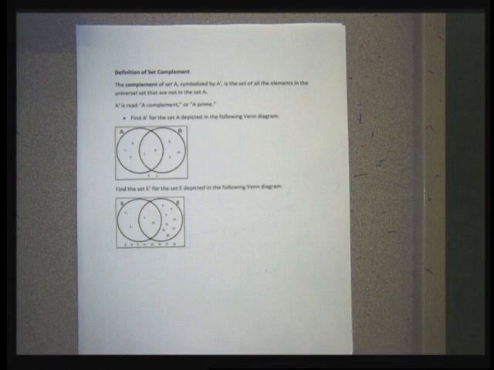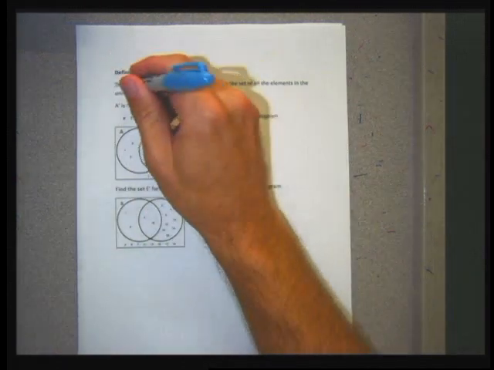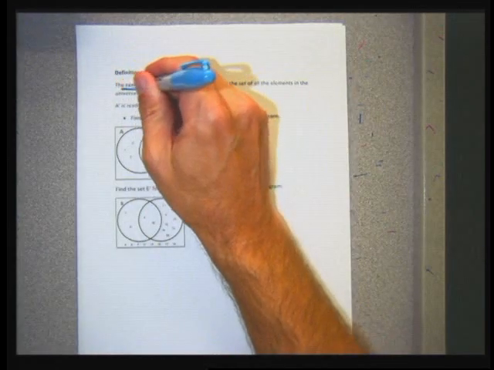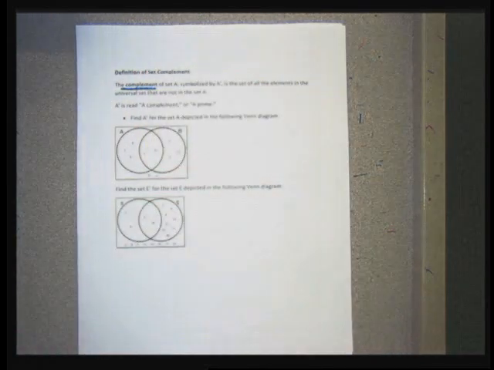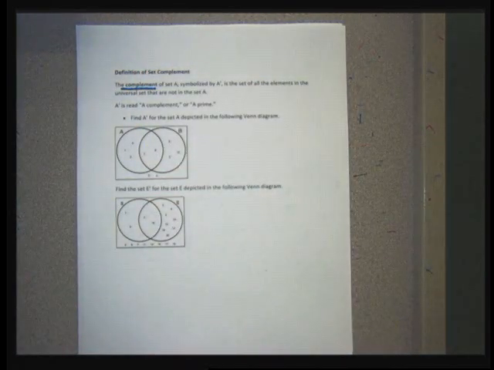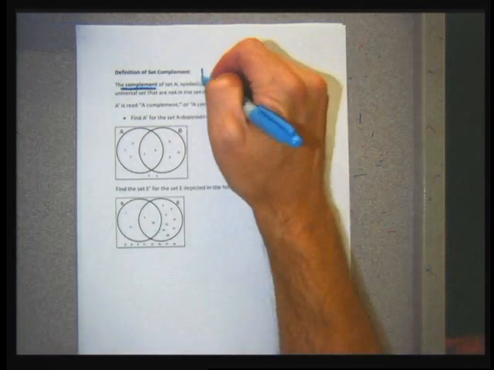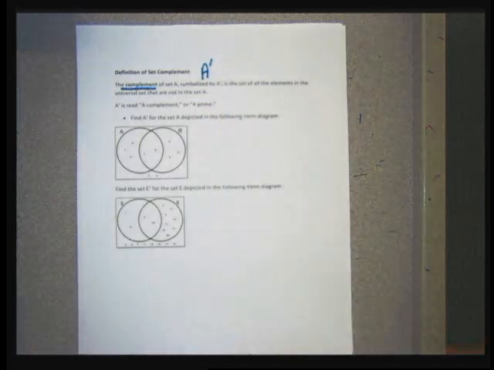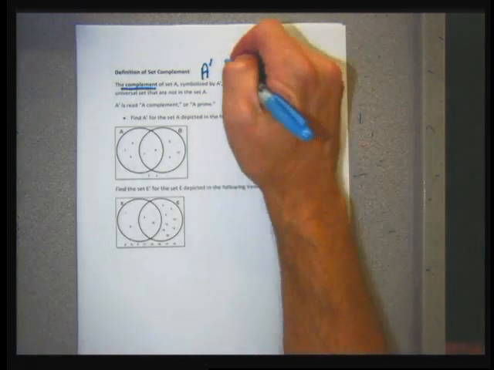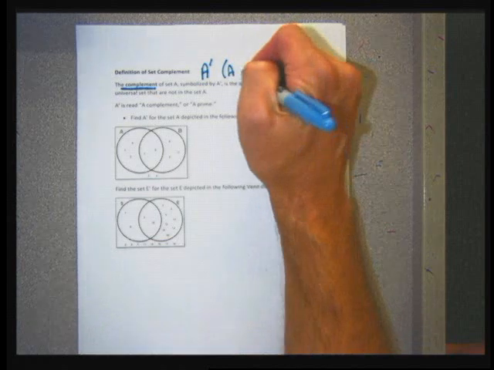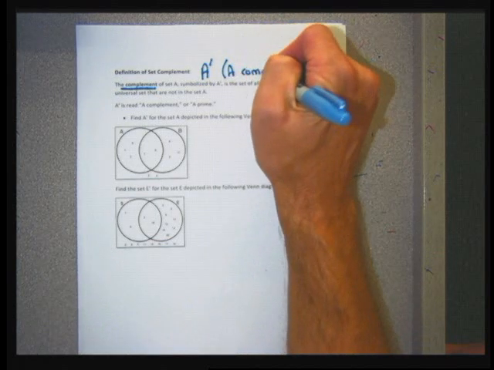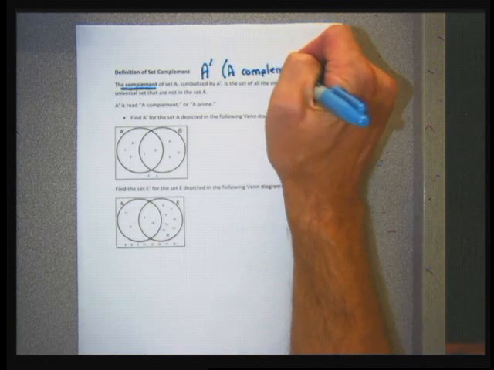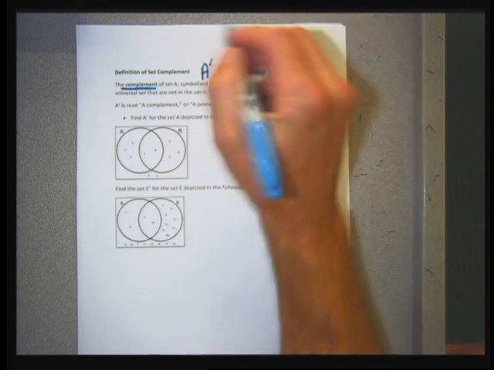The first new word that we get in this section, well, the second word after universal set, is complement. And a complement of a set is given by that notation. So I read that symbol as A complement. You might hear me just accidentally say A prime.